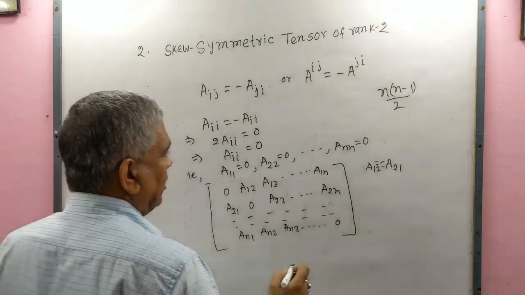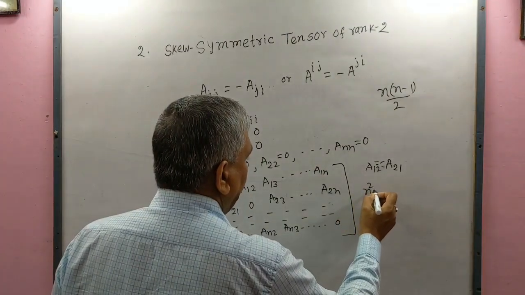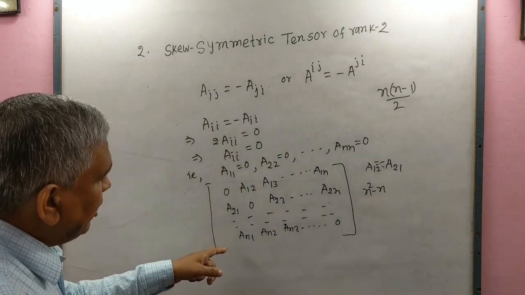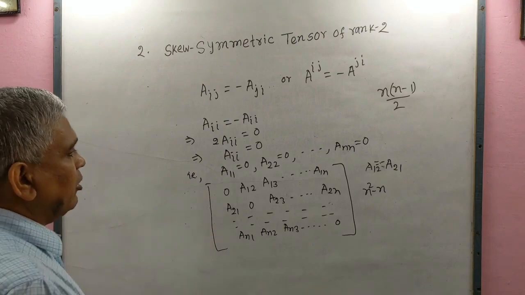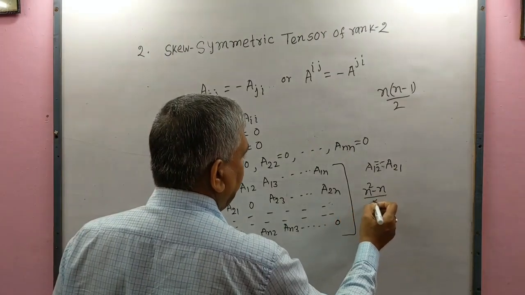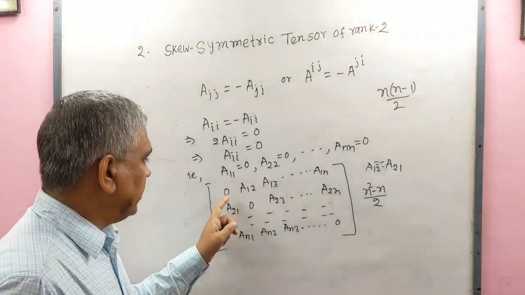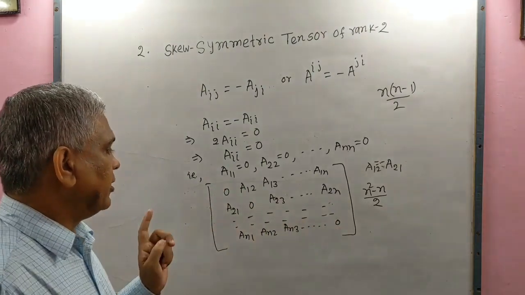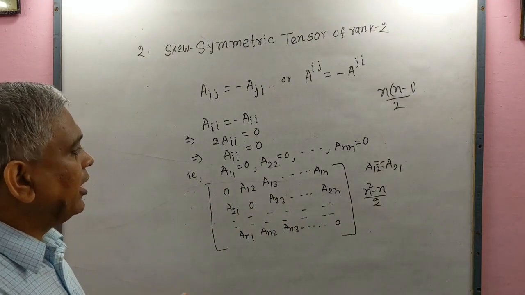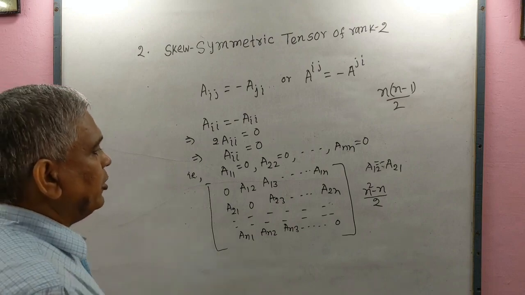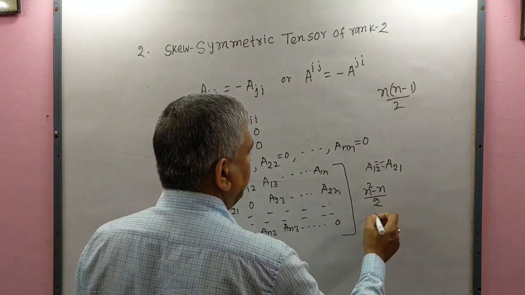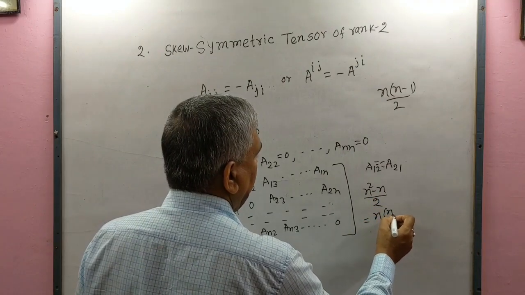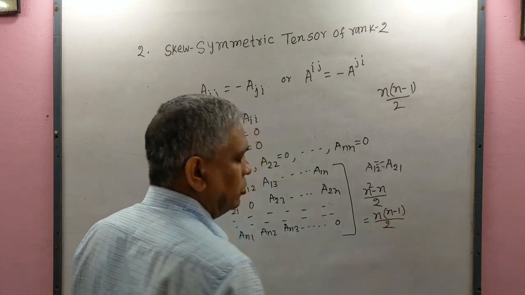Non-diagonal components are n square minus n. Therefore, the number of independent non-diagonal components equals n square minus n by 2. Here diagonal components are 0, so there is no need to add them. So the total number of independent components in a skew symmetric tensor will be n square minus n by 2, equal to n into n minus 1 by 2.